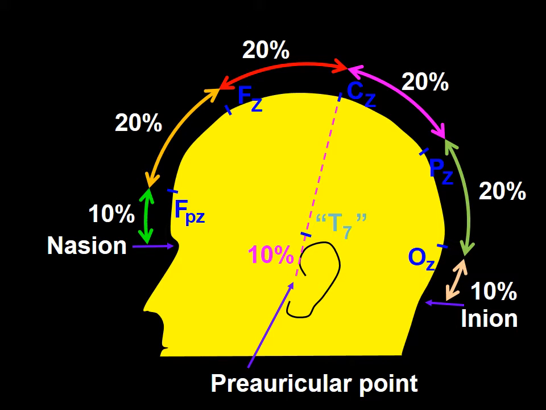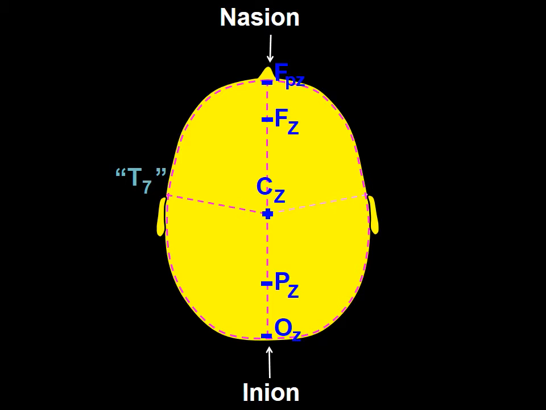I will use the left side for demonstration. The distance from FPC to OC is measured going through tentative T7. The same is done on the opposite side. So now, view from above, the head will look as you see in this frame.